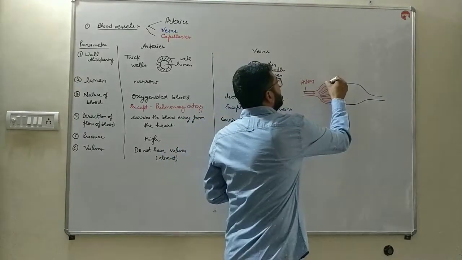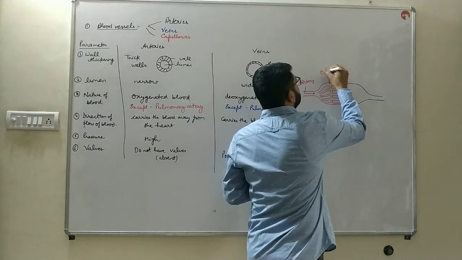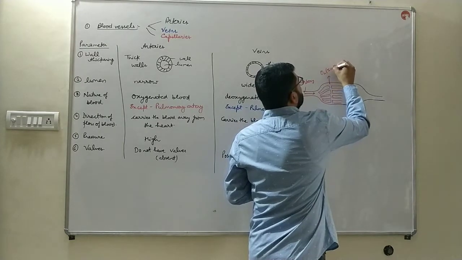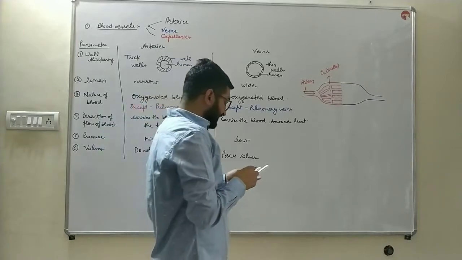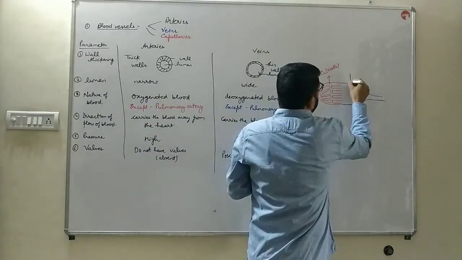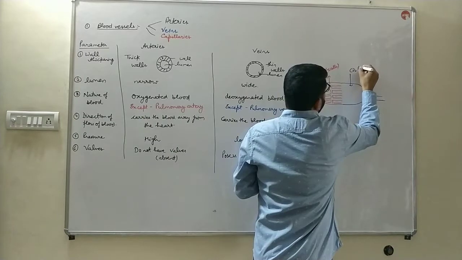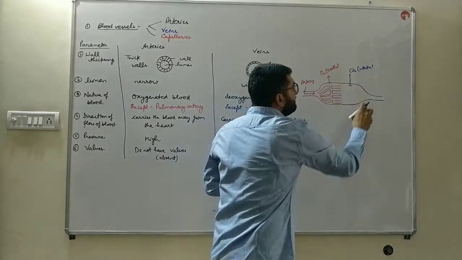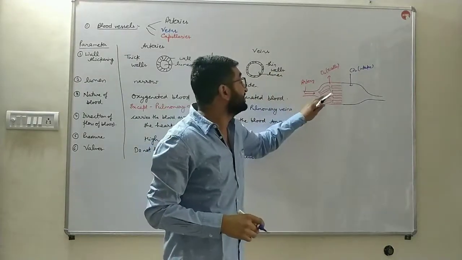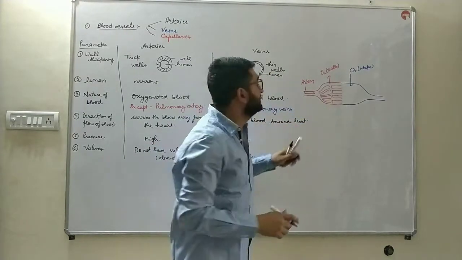In this part, the oxygen is released to the cells, to the tissues, and the carbon dioxide intake takes place. So the oxygenated blood now becomes deoxygenated.